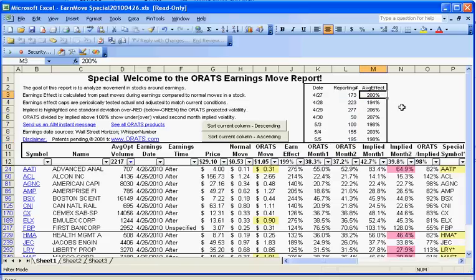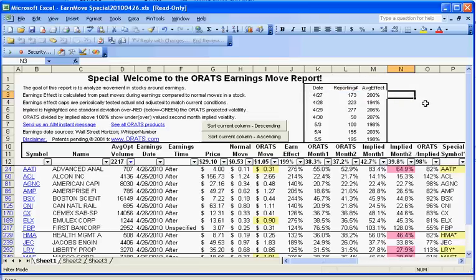We do a thing called the average effect, and that's how much more than usual stocks should move on their earnings day. So 200% means that stock should move about 2 times what they normally move. We could see that on these days, the 29th looks like a busy day. All of these look like pretty busy days.